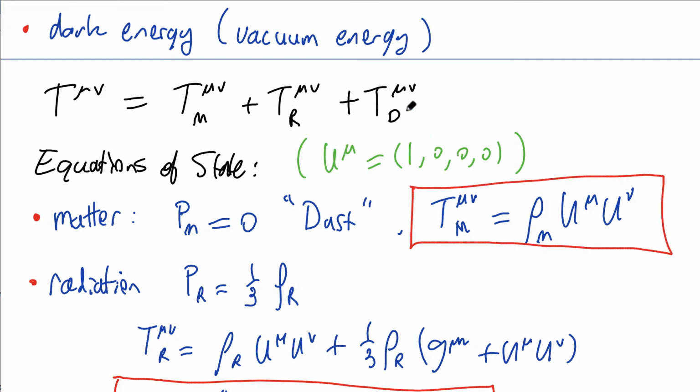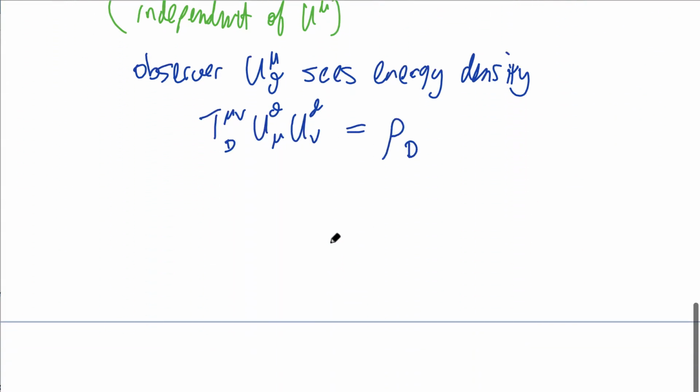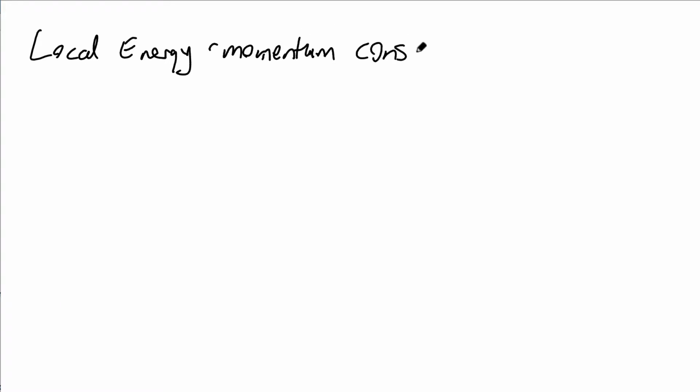And we can put those together to form the full stress energy momentum tensor. Now remember, the full stress energy momentum tensor must satisfy local energy momentum conservation. So del mu T mu nu must equal 0.